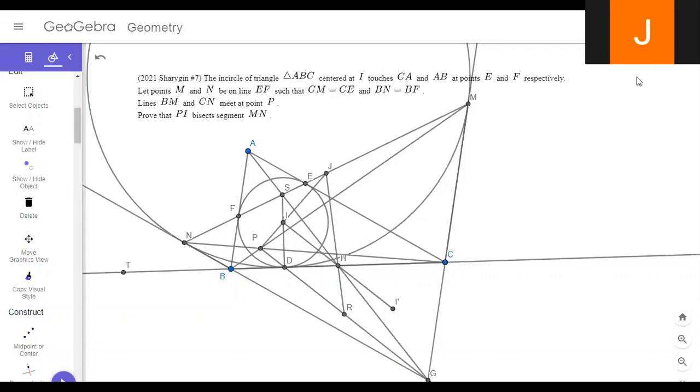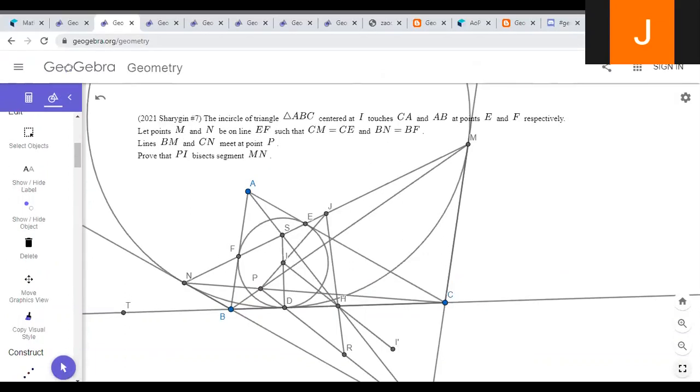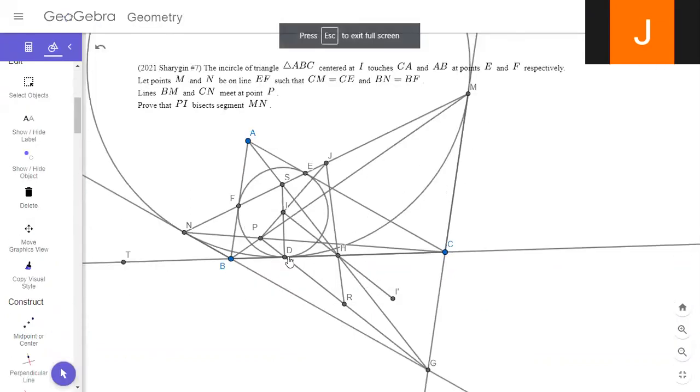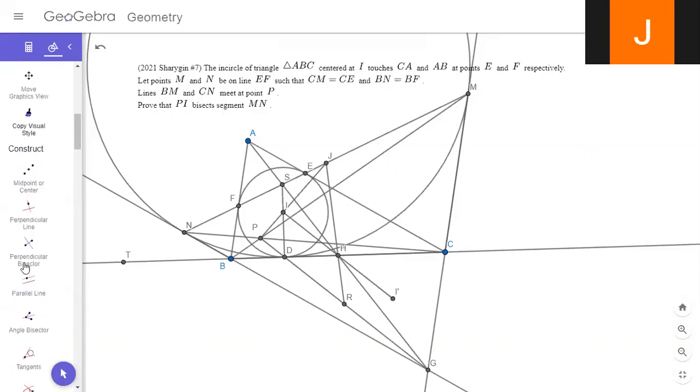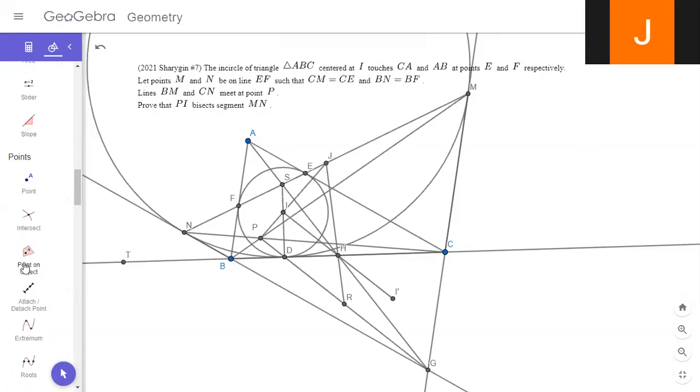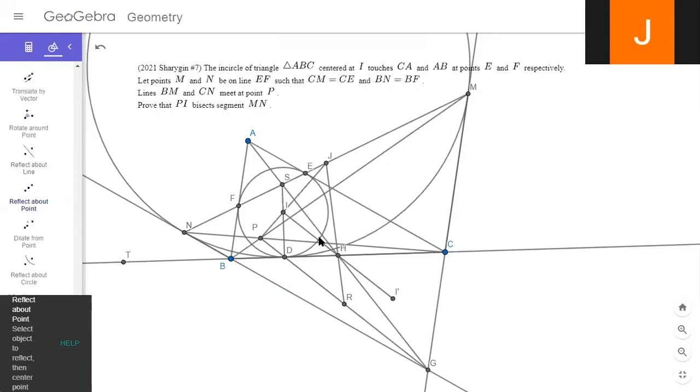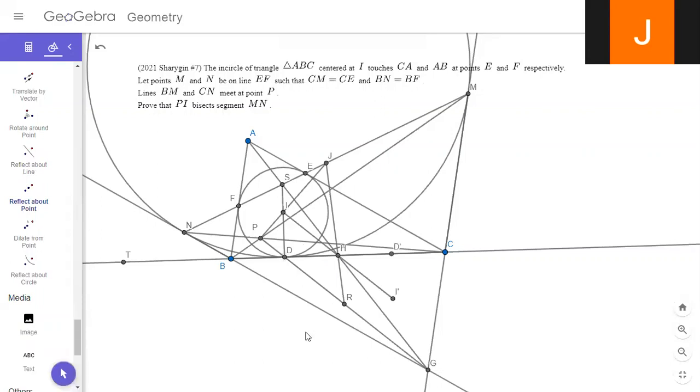Okay, so I'm trying to think about this. Let me do this. If I reflect D across H, I get D prime.